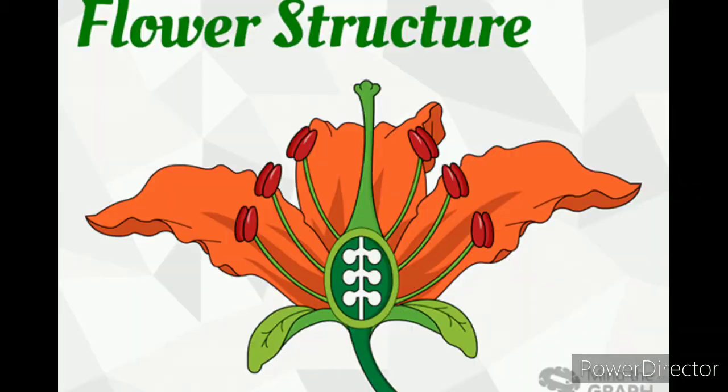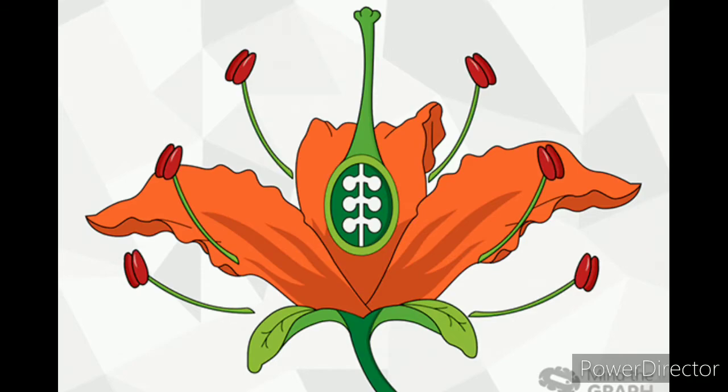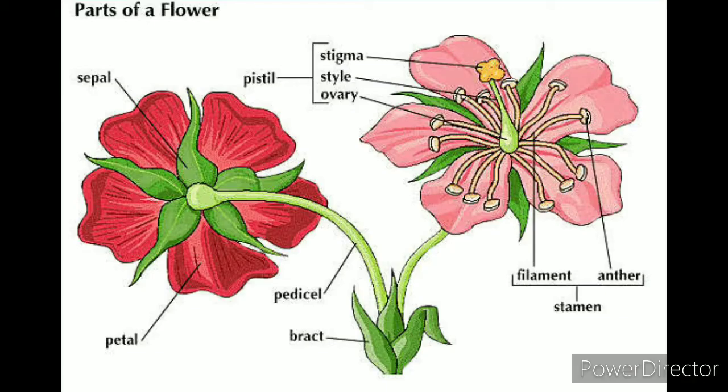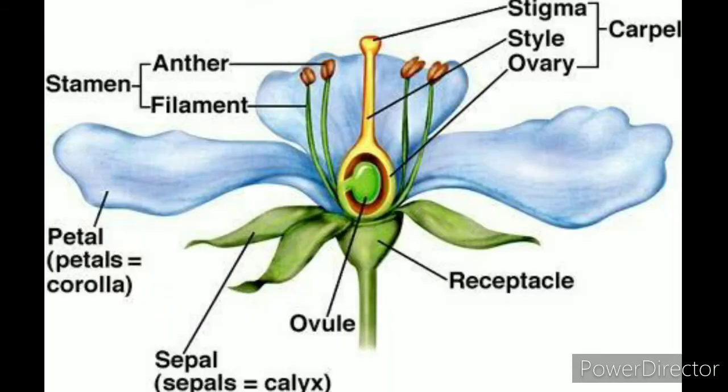And we see that the flower has accessory organs, which are sepals, which together form the calyx, and petals, which make up the corolla. We also know that the essential organs of the flower are stamens, which make up the androecium, and carpels, which together form the gynoecium.